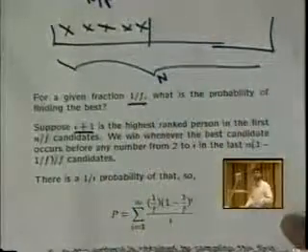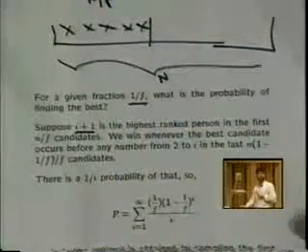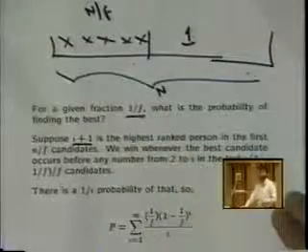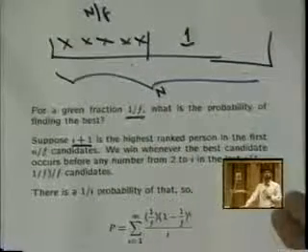And now we want to know, what is the likelihood that we will wind up with the best possible candidate? It would be if the best possible candidate existed somewhere out here in the unrejected section.